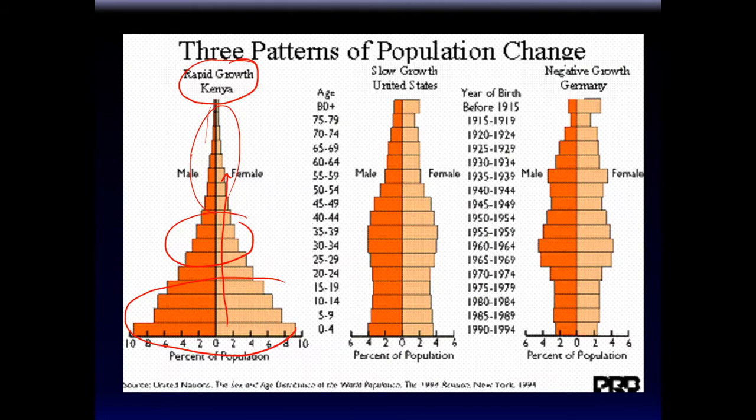So if you walk to a place and there are a lot of young people, that means the population is growing very rapidly. Compare this, for example, to the United States, where there is slow growth, where the population is reasonably stable and grows slowly. If you take a snapshot of the American population in a certain area, you'll see a certain number of kids, a comparable number of grown-ups, and fewer older folks, because they tend to die off. So if the population is growing slowly, a snapshot will look something like this.